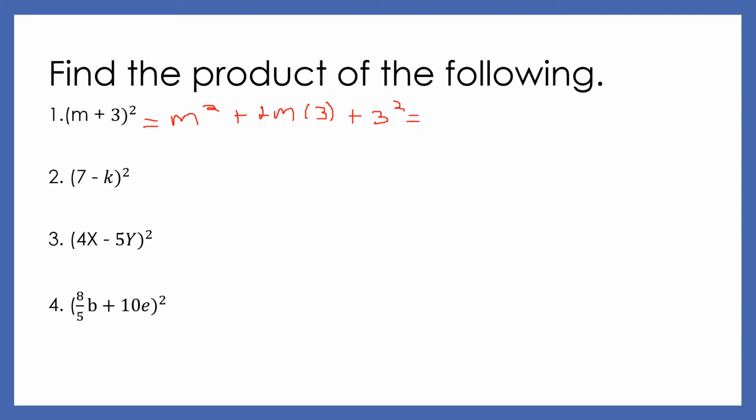So we have m squared plus 3 times 2 is 6m plus 9.